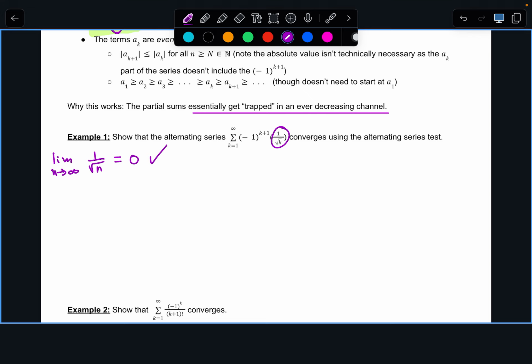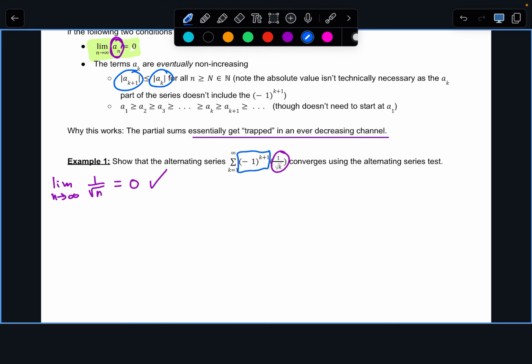So by itself, the 1 over square root something will go to 0. And then the second thing that we need to show is that the terms are strictly non-increasing. Again, we don't look at this. In this, I wrote absolute value, but you don't actually need it. We're technically just looking at the part that does not include the negative part. So if you want to think about it as absolute value, maybe that helps to remind you it's positive. That's why I wrote it in.